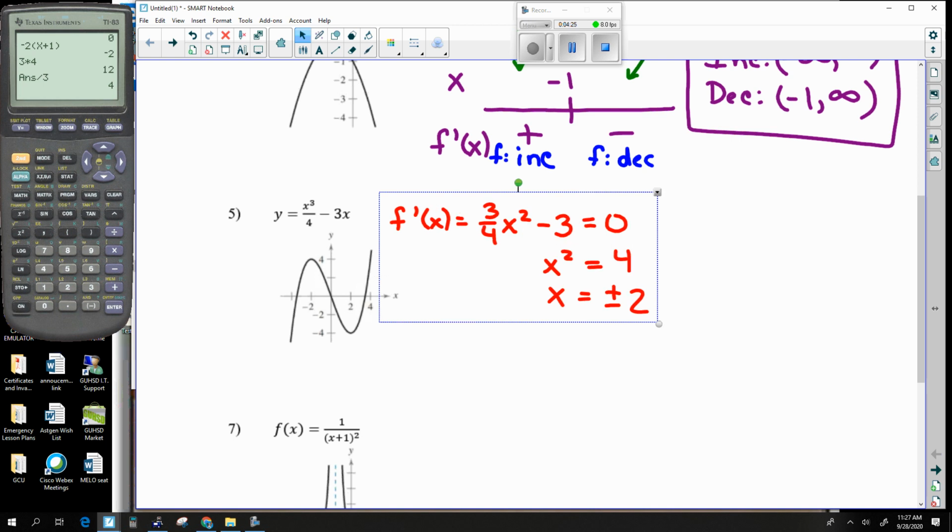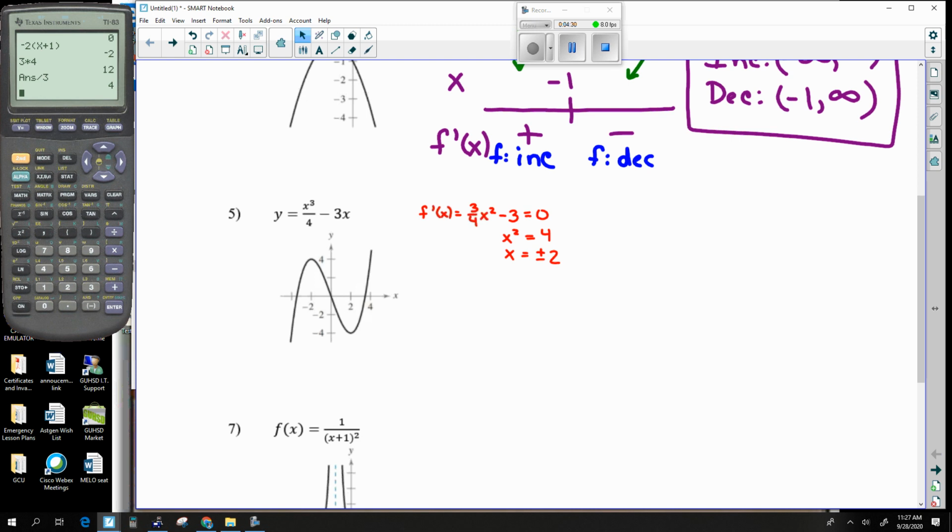And so what I do is I put them on that number line. So I have -2, and I also have +2. I'm taking a look at the derivative.